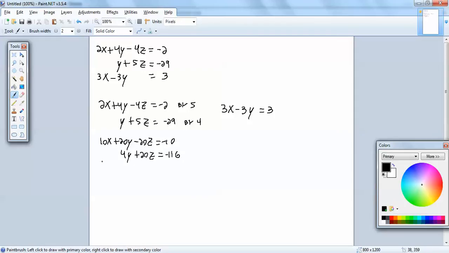Now, again, our goal is to eliminate the z's. So we're going to have 10x plus 24y equals negative 126. Now, notice that these are all divisible by at least 2.